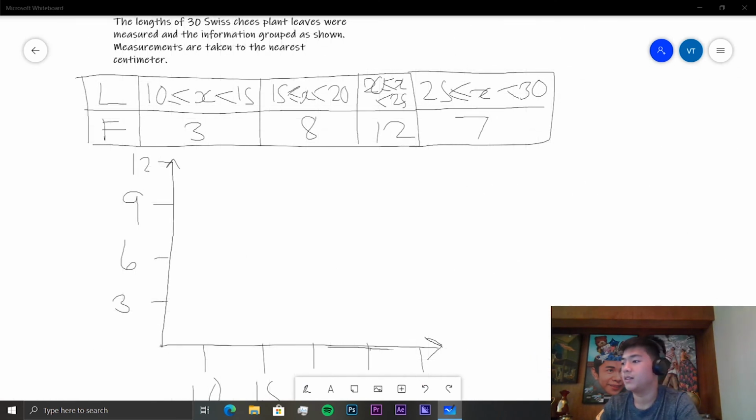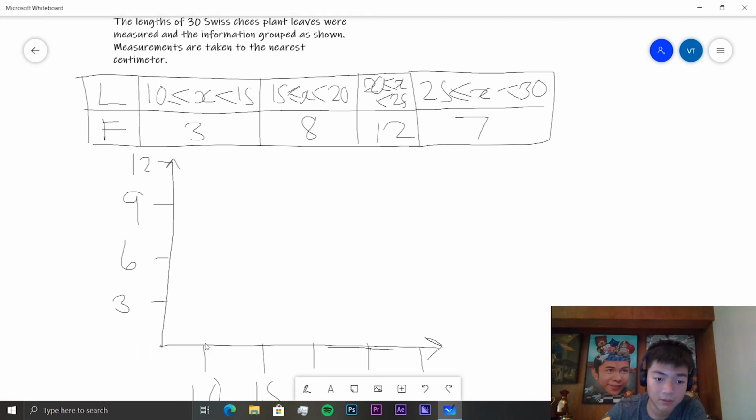Hold on, no, wait, sorry. Having a little brain fart. I think this is continuous, in fact. Yeah, it is continuous, so ignore what I said.